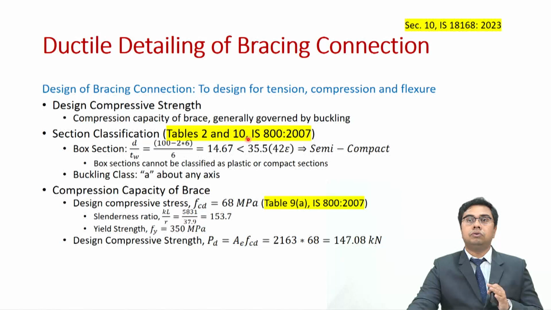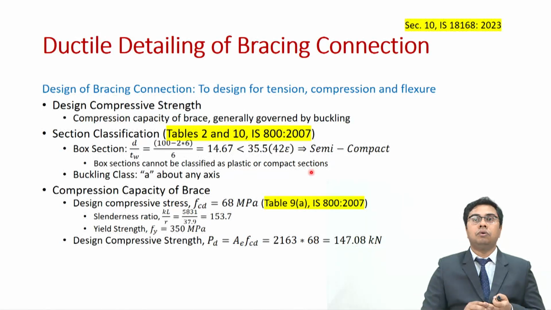Now if you go to table 2 of IS 800 2007, you would realize that box sections can only be classified as either semi compact or slender. They cannot be classified as plastic or compact. Why is it so? Because table 2 deals with slenderness of various components, which means we want to restrict or prevent local buckling of the cross sections.